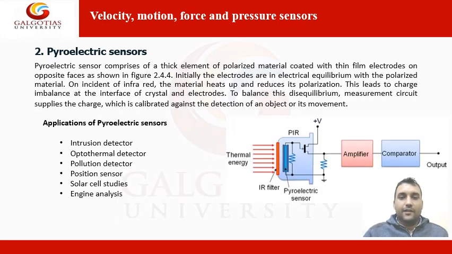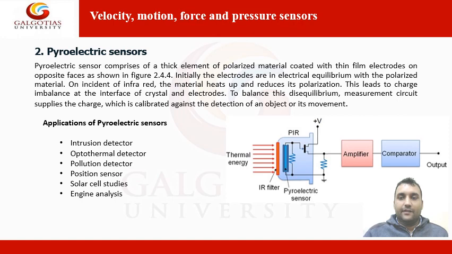The pyroelectric sensor comprises a thick element of polarized material coated with thin film electrodes on opposite faces. Initially, the electrodes are in electrical equilibrium with the polarized material. On incidence of infrared, the material heats up and reduces its polarization. This leads to an imbalance at the interface of the crystal and electrodes.